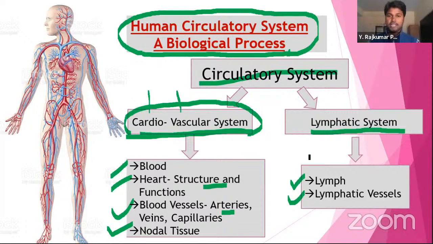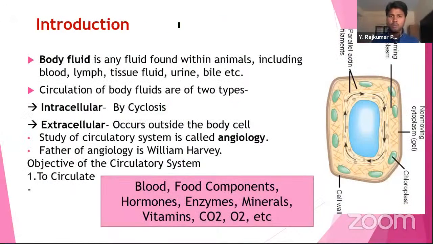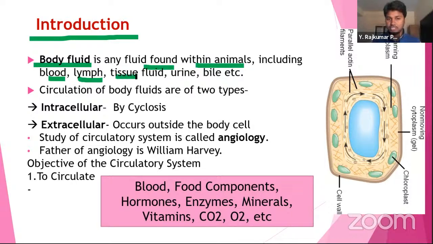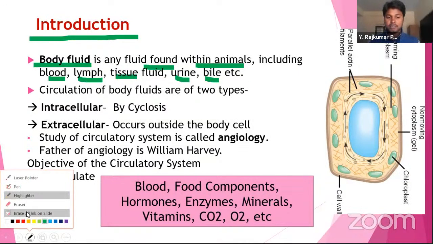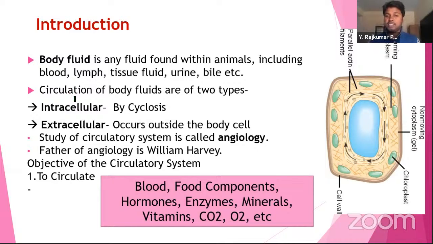Let's see the introduction of this class. What is the chapter name? Body Fluids and their Circulation. What is meant by a body fluid in the first place? It is any kind of fluid found within animals, including blood, lymph, tissue fluid, urine, bile juice, etc. The name itself says it is the fluid present in the body.